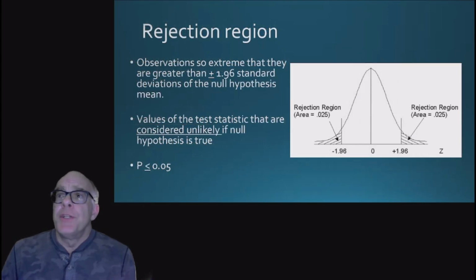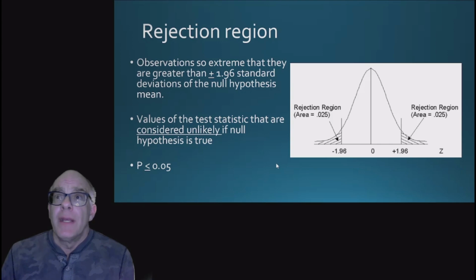Now, the rejection region is basically the region underneath these tails, on the extreme region, kind of away from the mean based on our expected results. Now, the rejection region is going to be looking at those observations that are so extreme that they're greater than that 1.96 standard deviations away from that null hypothesis, meaning that these are values of our results, the test statistic, our t-value, in the case of what we're doing here, are going to be considered unlikely if our null hypothesis is true.